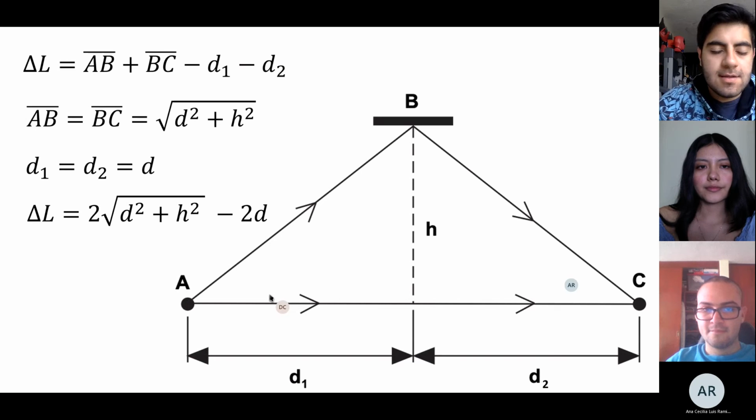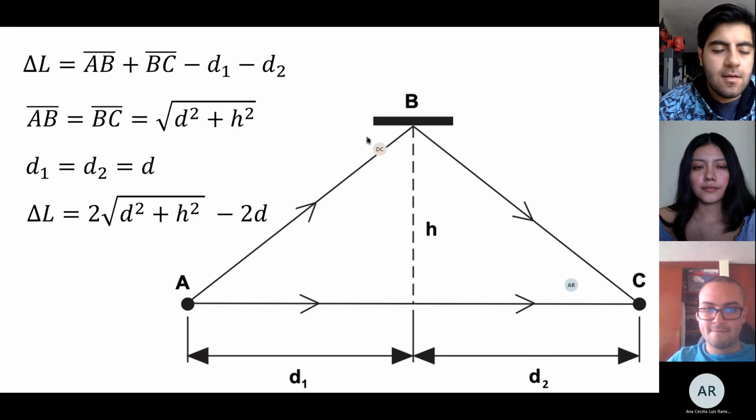We analyzed this experiment to obtain the optical path difference from this diagram, where the point A is the transmitter, the point C is the receiver, and B is the reflector.